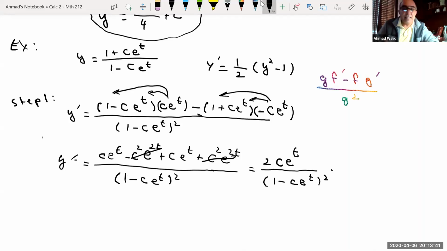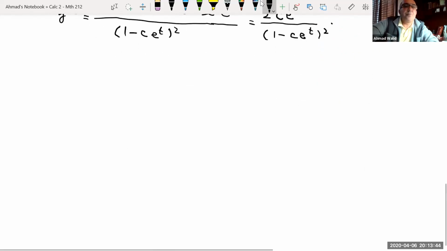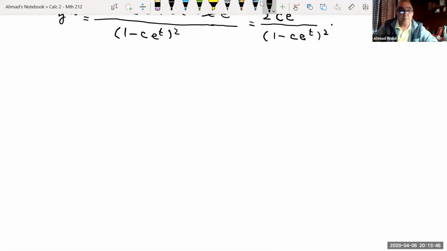Now, in step 2, the equation that is given to you, which is y prime equals 1/2 of y squared minus 1.